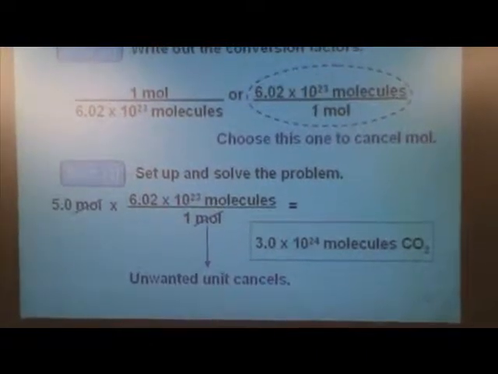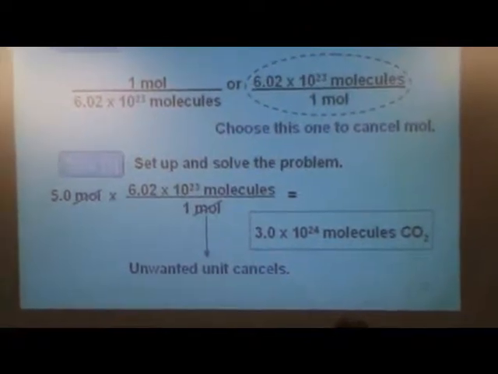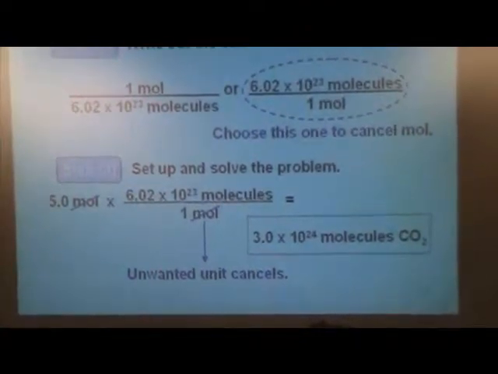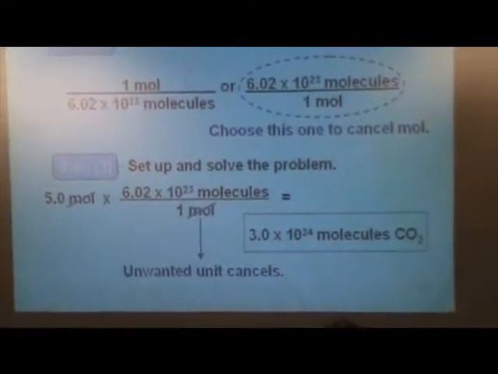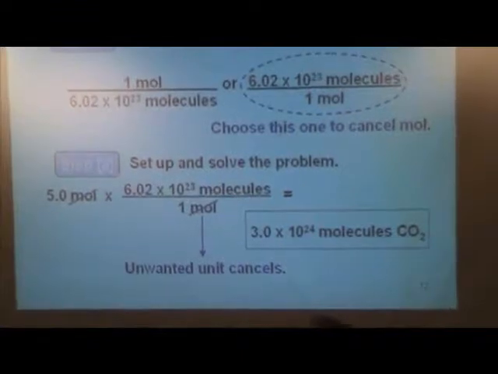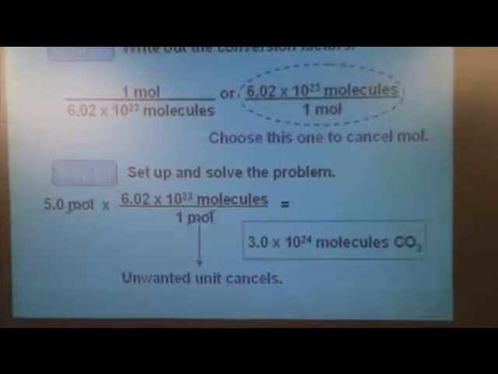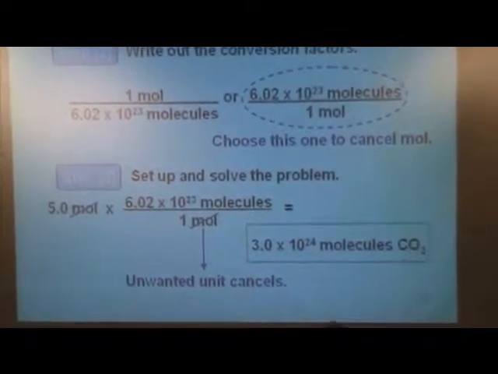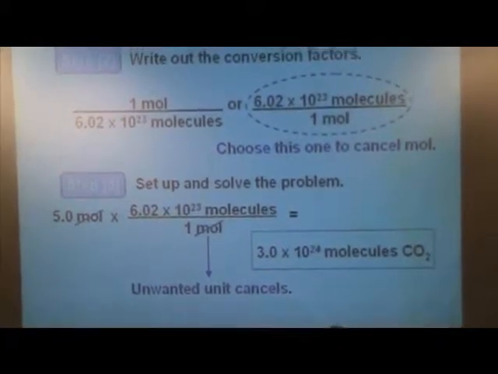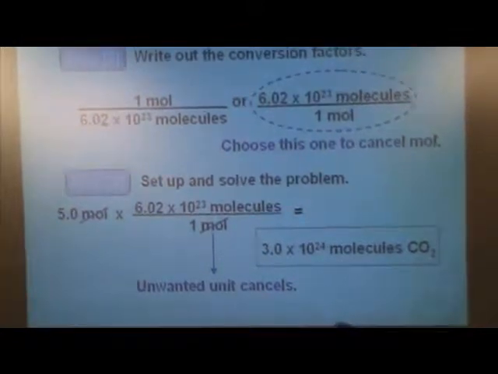Any questions regarding this? So you multiply the 5 by 6.02 times 10 to the power of 23, yes, because 1 mole of CO2 has 6.02 times 10 to the power of 23. I guess we're gonna have to memorize that, huh? You keep repeating it. Okay, can we move on? Yes, sir.